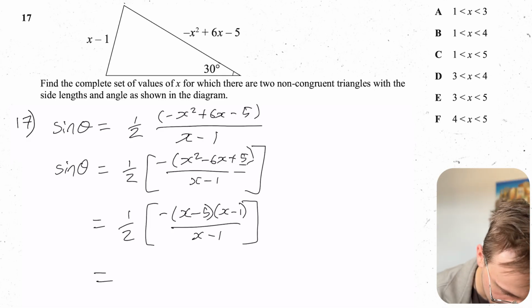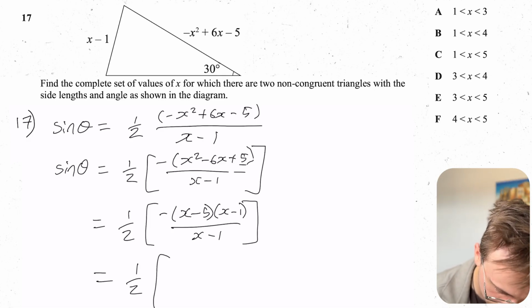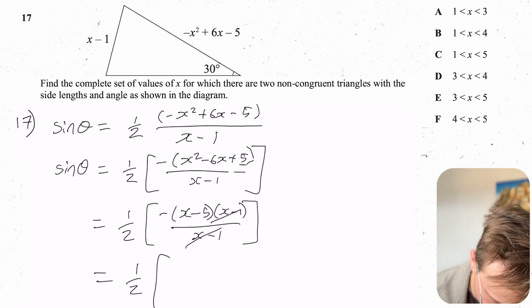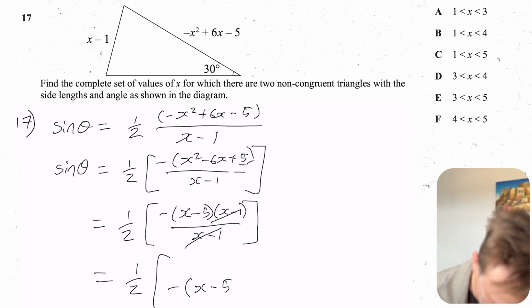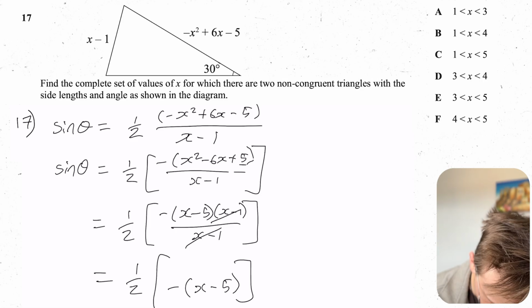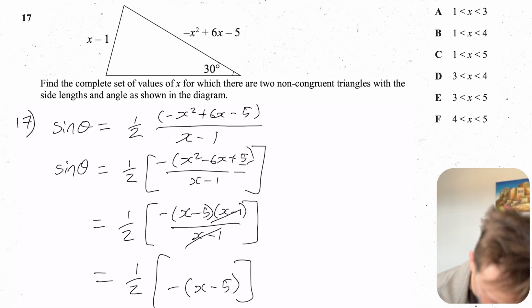These cancel, minus x minus 5. So I've got minus a half x minus 5.